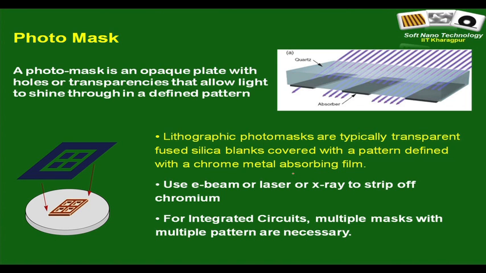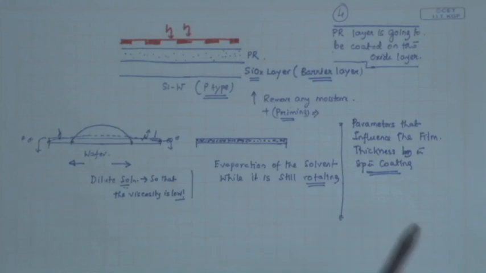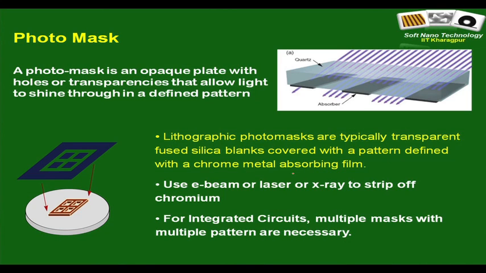Once the photoresist layer is ready, now according to the schematic we have used, it is ready to be placed under the mask, and that is why we need to worry a bit about the structure of the mask. I have already told you how a mask is made.